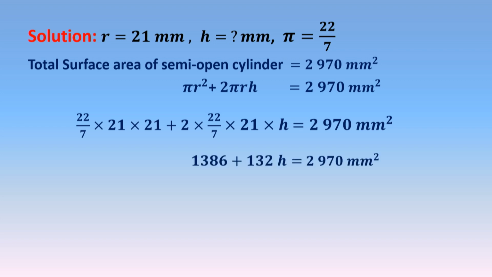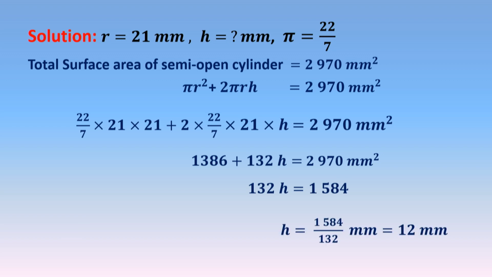So we get 1,386 plus 132h equal to 2,970. Simplifying, we get 132h equal to 1584 and h will be equal to 1584 divided by 132, which is 12 millimeters. So the height of this cylinder is 12 millimeters.